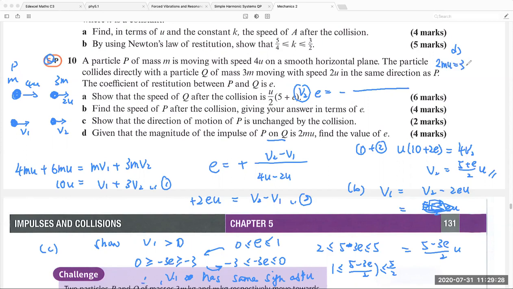That is 3m times V2 minus 3m times 2u. V2 is this one. Then I think you can solve it. So e should be 1/3.